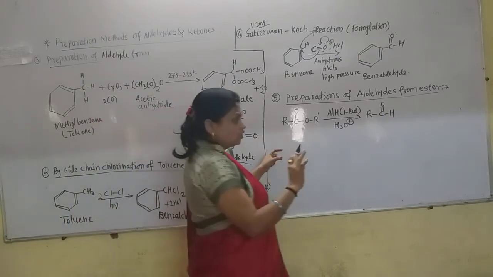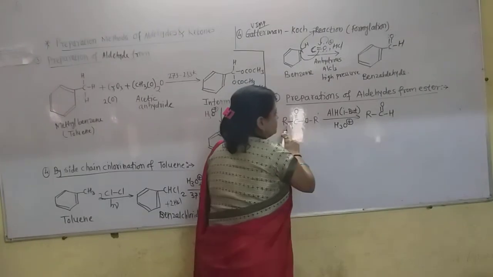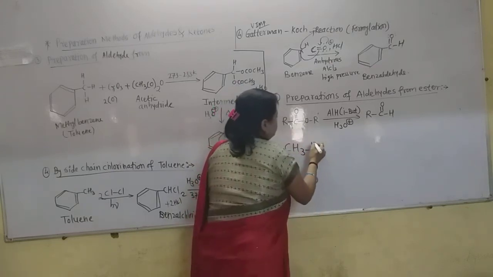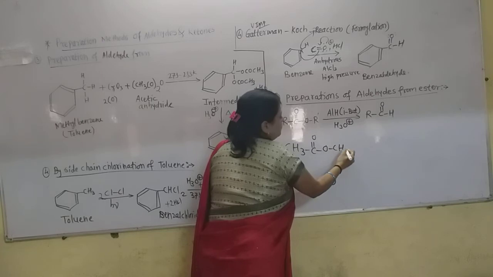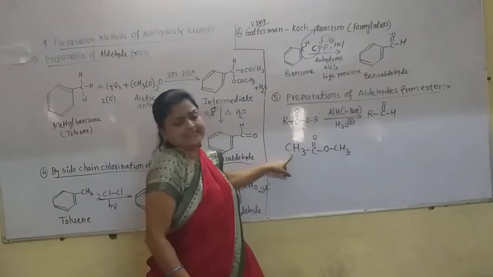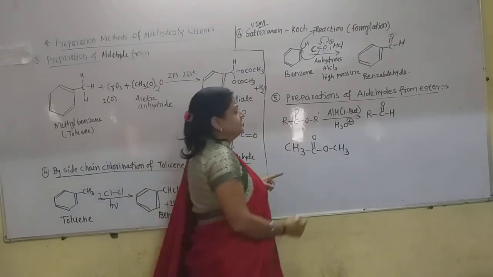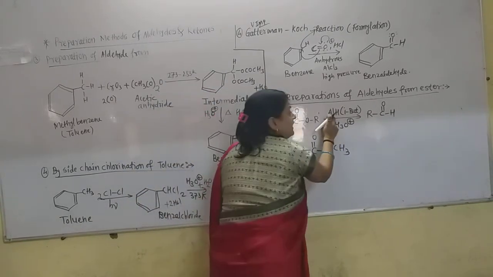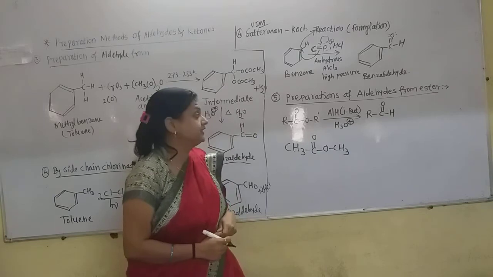Now here an ester is there. Suppose this is CH3, C double bond O, OC2H5. What is this? Ethyl acetate, this ester. And this is diisobutyl aluminum hydride, a very strong reducing agent.